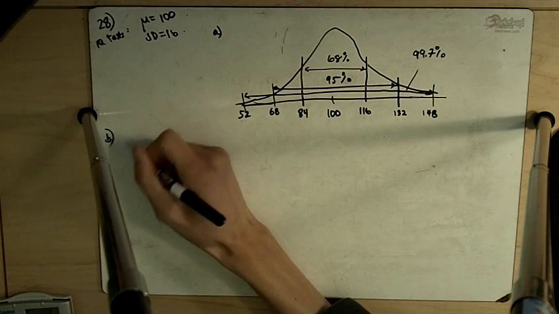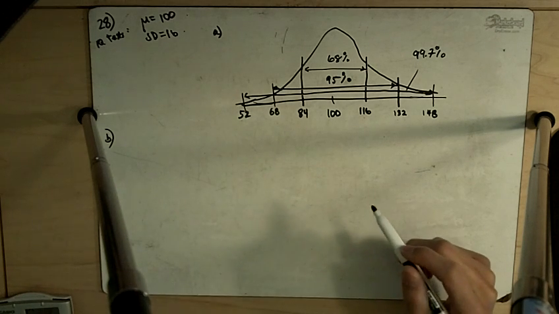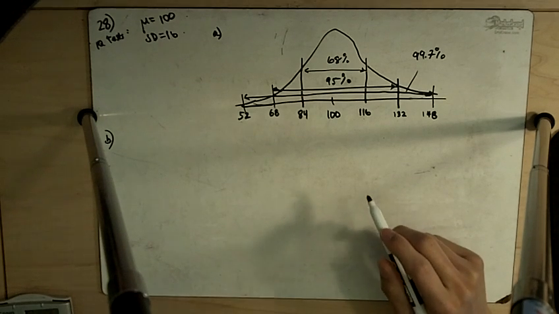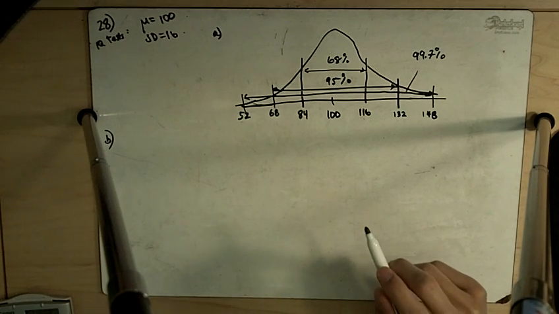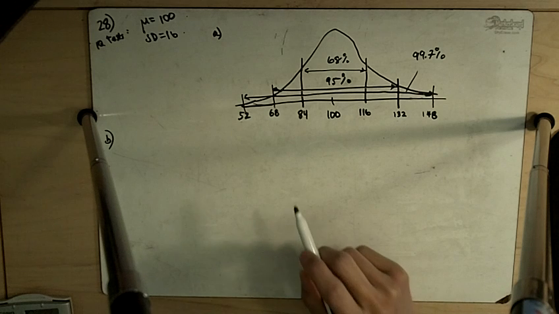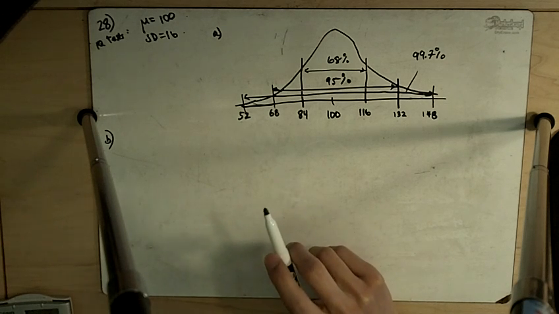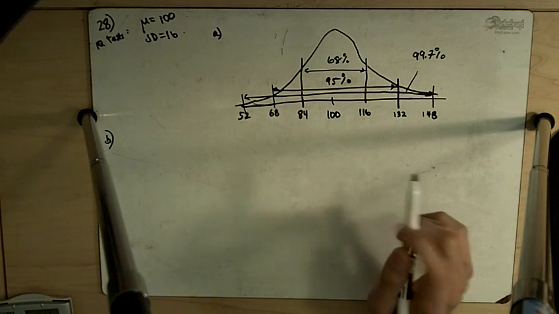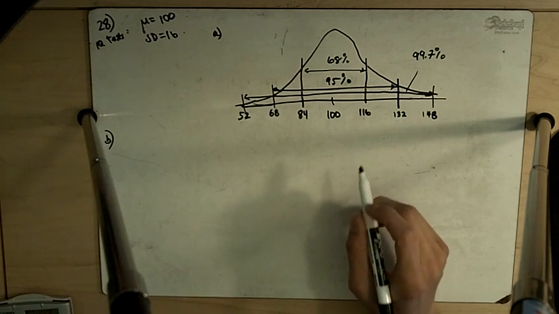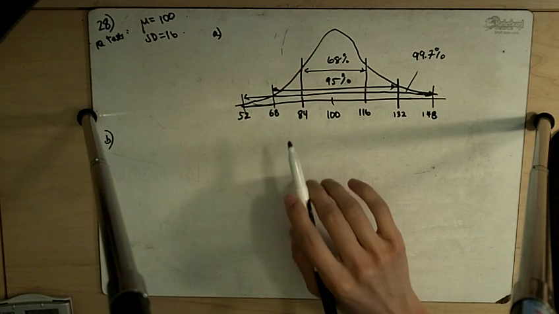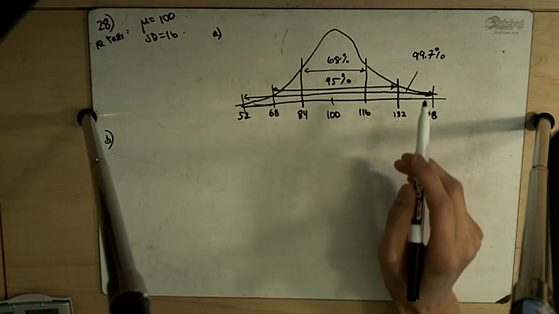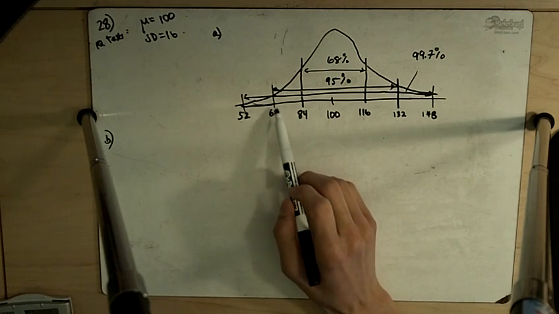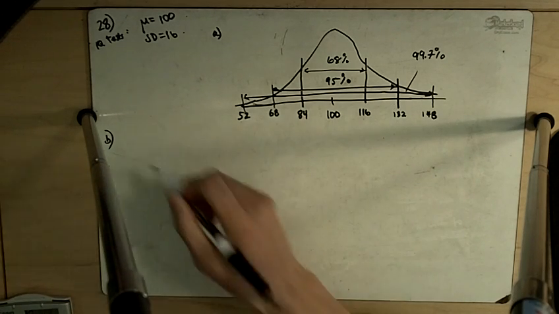Part B asks, in what interval would you expect the central 95% of IQ scores to be found? Okay, in this we're just going to use the approximate amount. If we look up the actual z-scores and the exact values in the middle 95%, the numbers would be slightly different, but we're just going to use the 68, 95, 99.7 rule to do this. And so the middle 95% goes from 68 to 132.